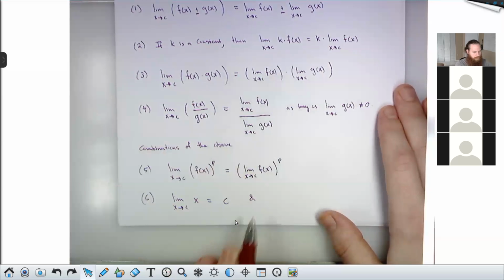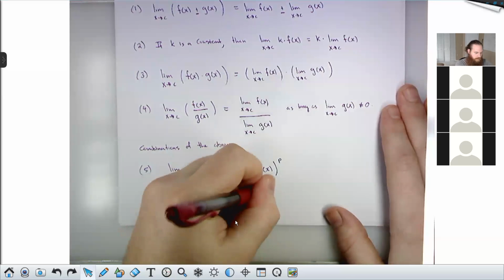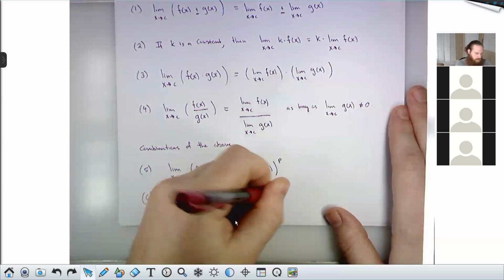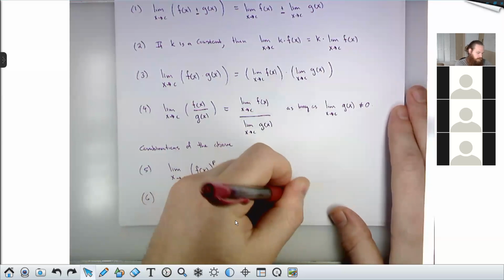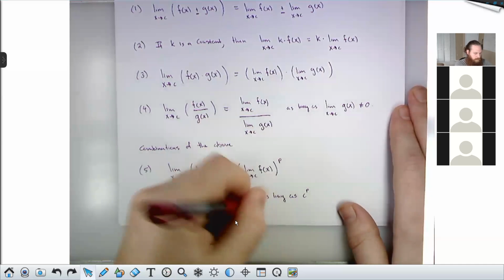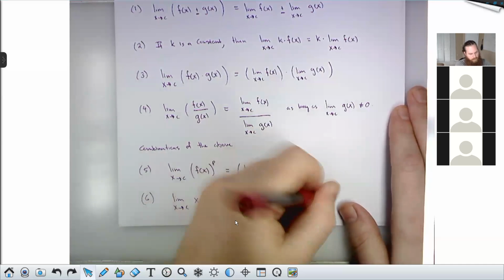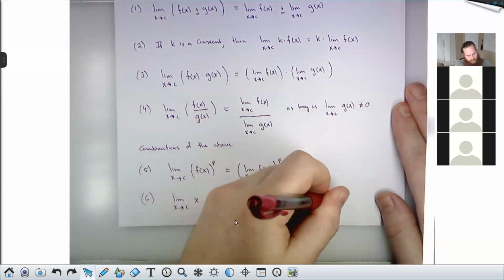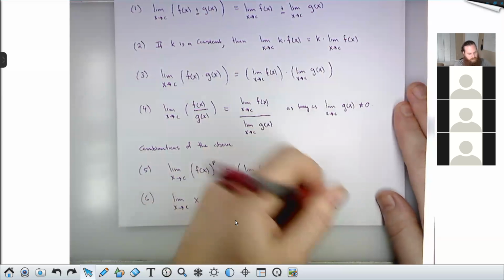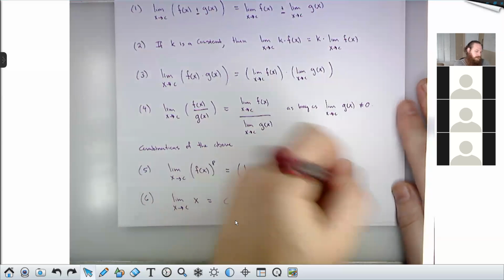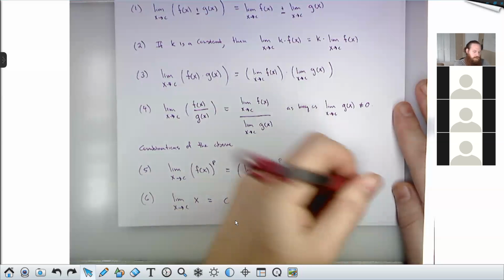And I'll use this symbol for the word "and" a lot. This is called an ampersand. And as long as c to the p is defined, the limit as x goes to c of x to the p will be c to the p.